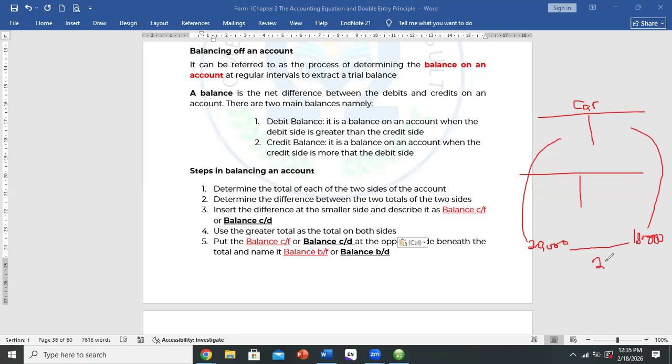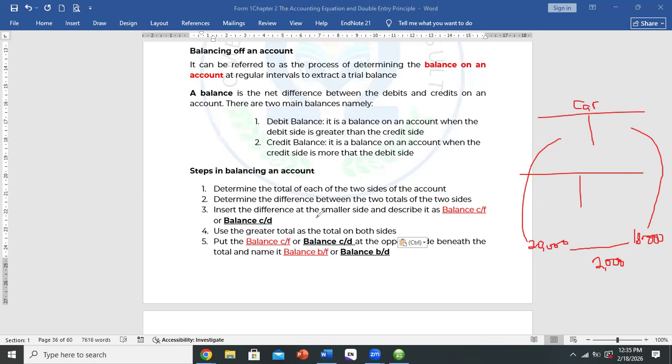So this 2,000 difference, we say you put it at the smaller side. In this case, what is the smaller side? Of course, the side with the 18,000. So you put it there and call it balance carried down, or BAL C/D. We have the C/F, which is carried forward, but the carried down is the modern use, so let's use the carried down.